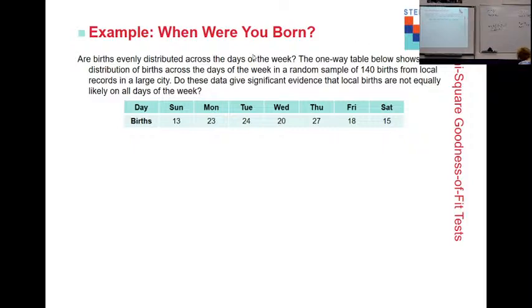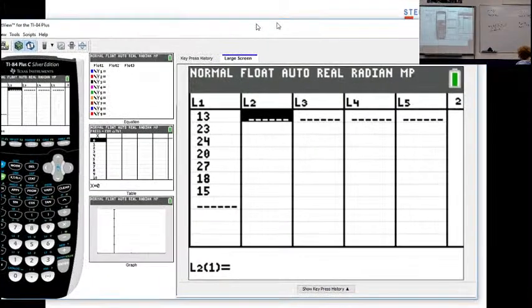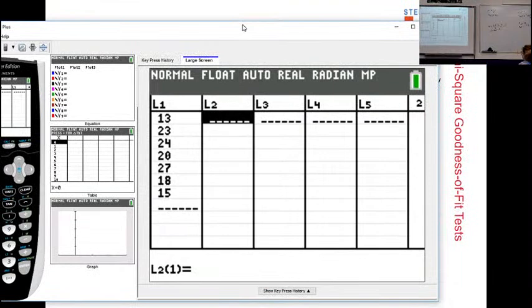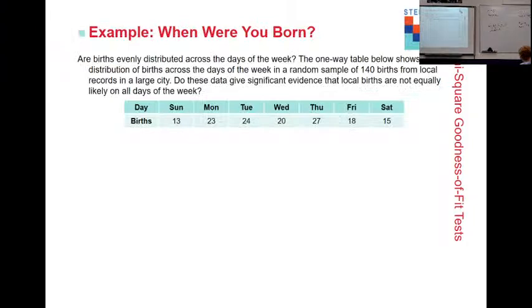So you should have data sitting here in list 1. This is what your calculator should look like right now. Null hypothesis.